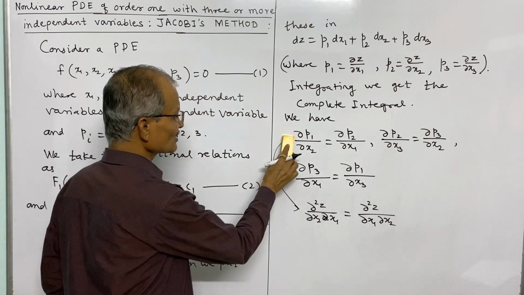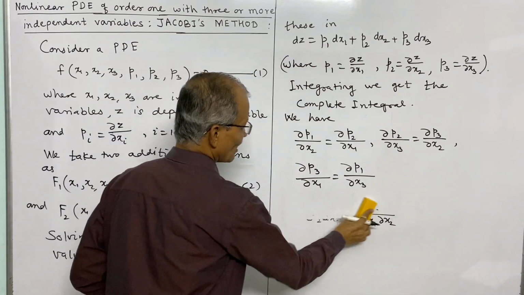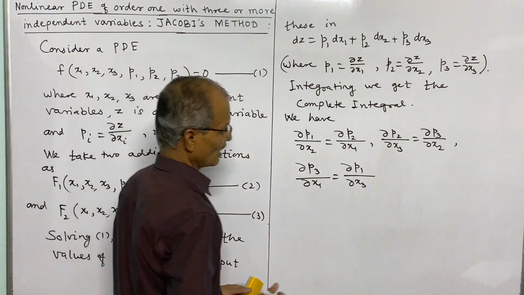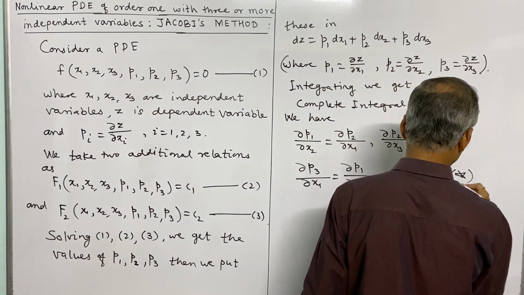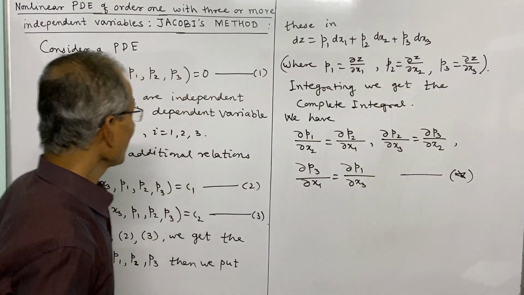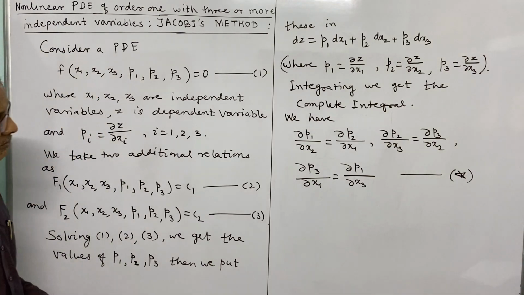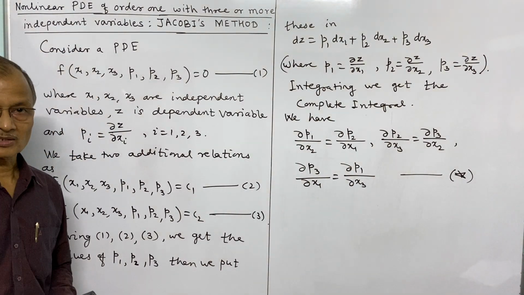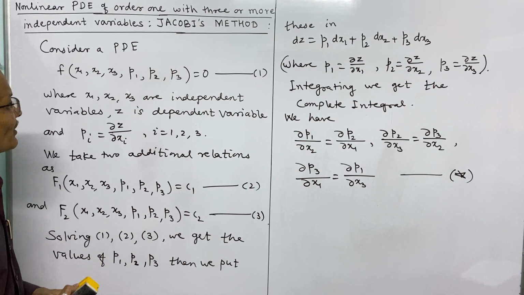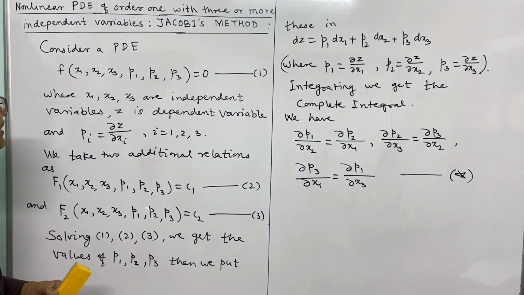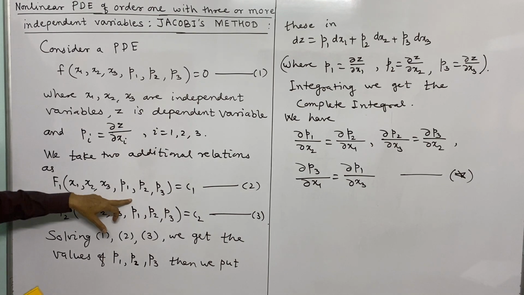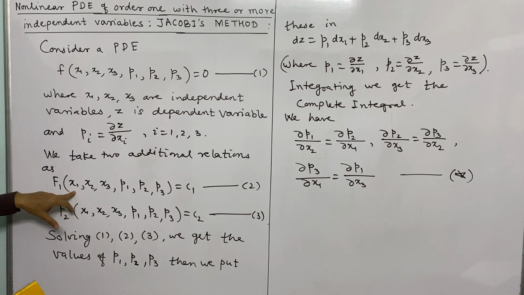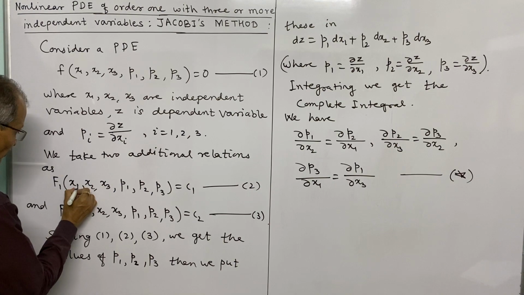So thus this relation between partial derivatives holds, and we shall denote this equation by star. Now what we shall do is to obtain the auxiliary equations to find P1, P2, P3, and for that purpose we differentiate 1 and 2 partially with respect to the first variable x1. So that we will do now.